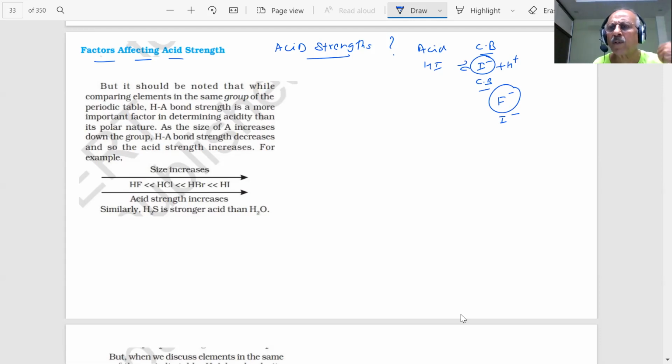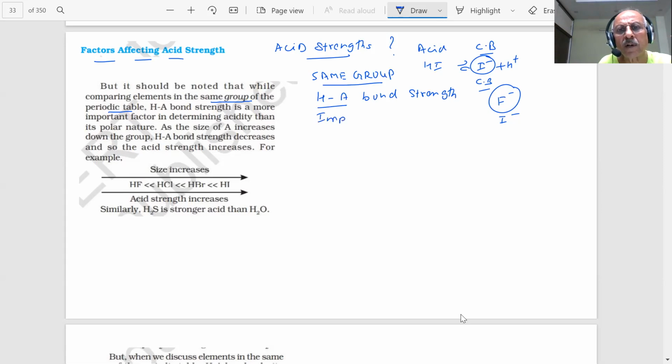And in our course now we are trying to see that while comparing elements in the same group of the periodic table, H-A bond strength is an important factor in determining the acid strength.